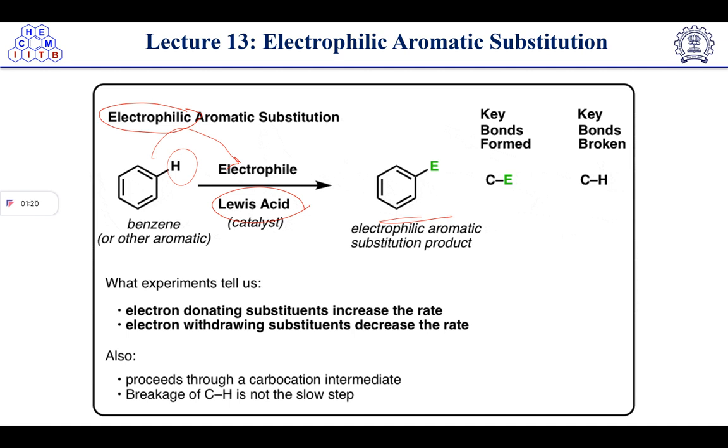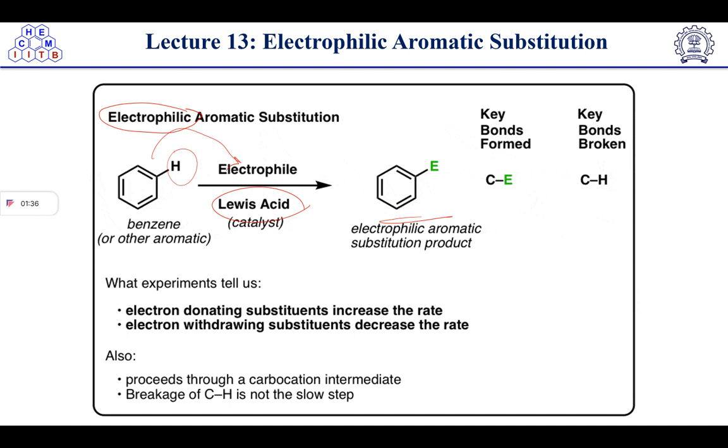An electron donating substituent increases the rate of reaction. If an electron donating substituent is present on the benzene ring, it will increase the rate of the reaction, and an electron withdrawing substituent will decrease the rate of reaction in electrophilic aromatic substitution.